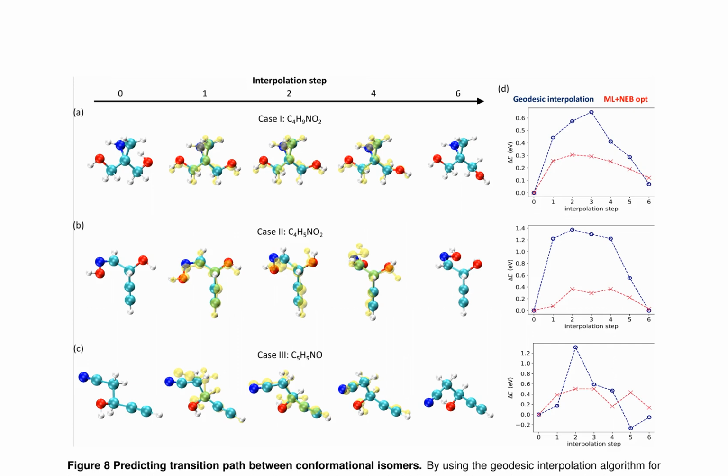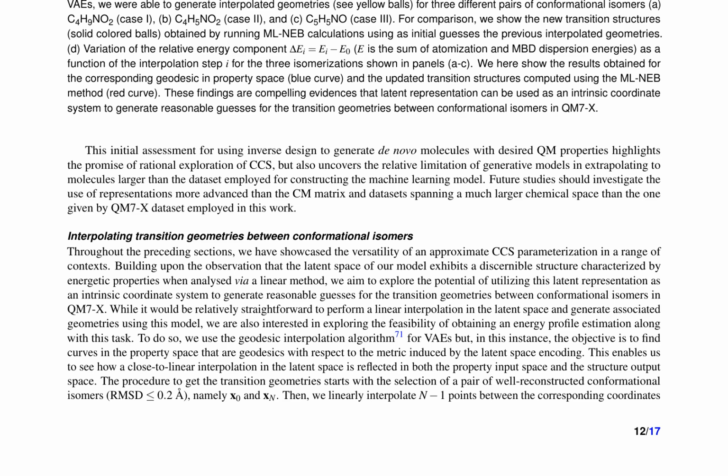To validate this approach, researchers compared the generated geometries with new transition structures obtained through machine learning nudged elastic band calculations. The results showcased the efficacy of latent representation as a powerful tool in understanding molecular transformations, providing insights into the conformational changes that molecules undergo. However, despite these promising findings, there are limitations to this method.